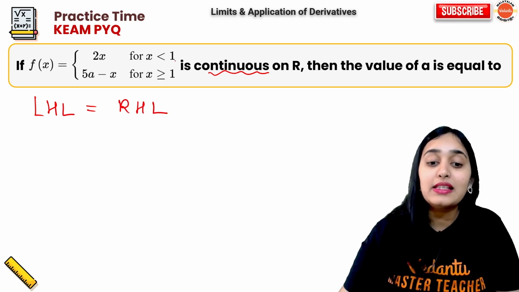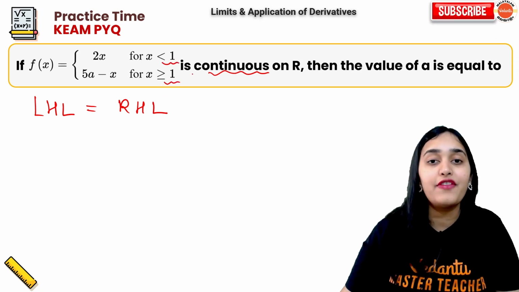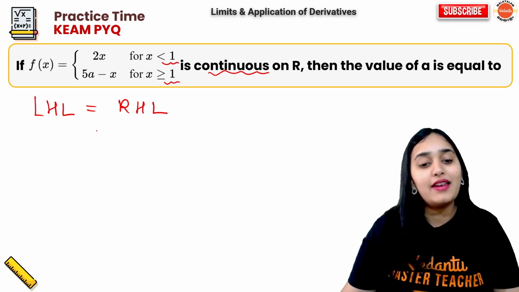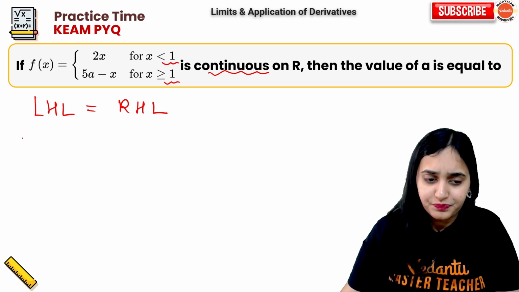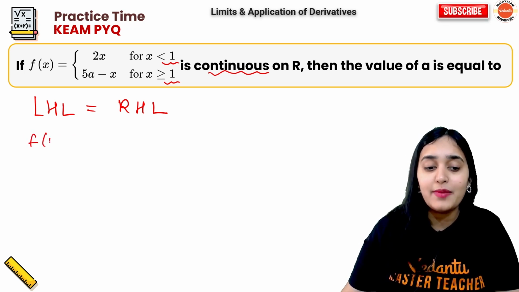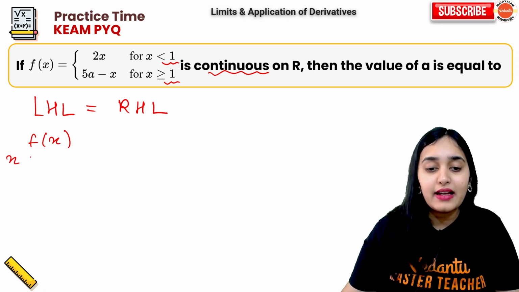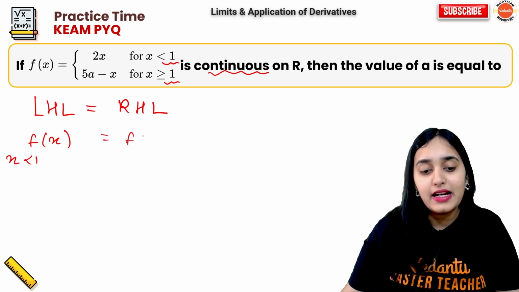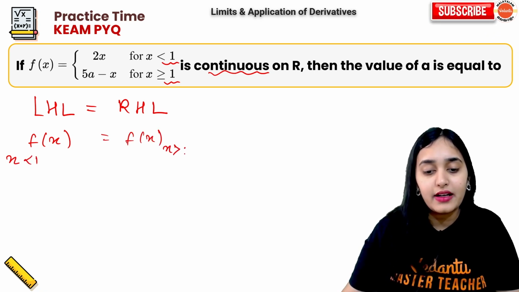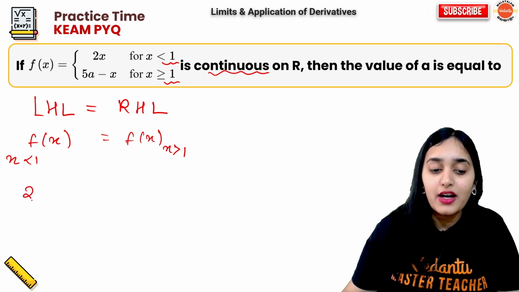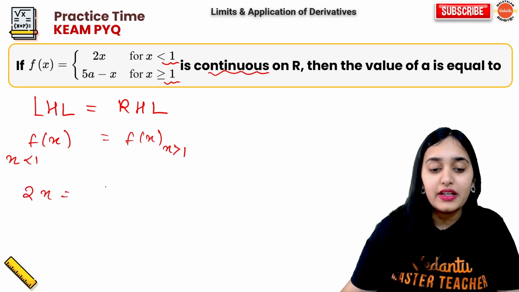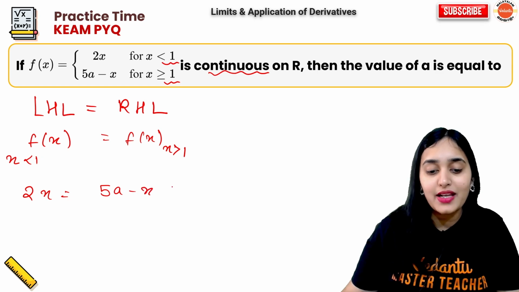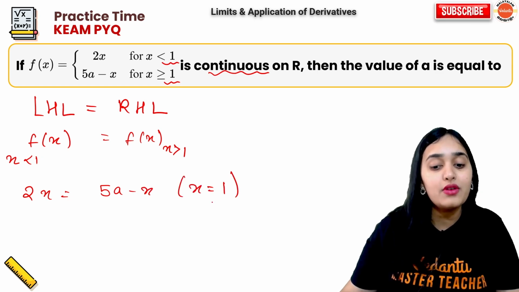Now here, since your function is already defined for greater than 1 and less than 1, the left hand limit will be the function at x less than 1 and the right hand limit will be the function at x greater than 1. For less than 1 your function is 2x. For greater than 1 your function is 5a minus x, where x is equal to 1.